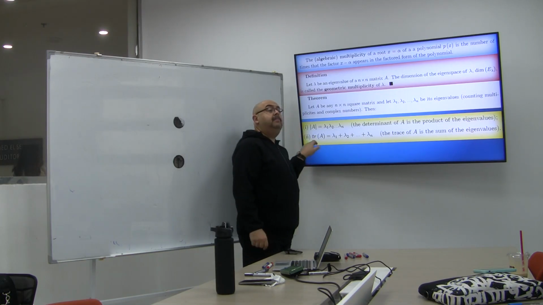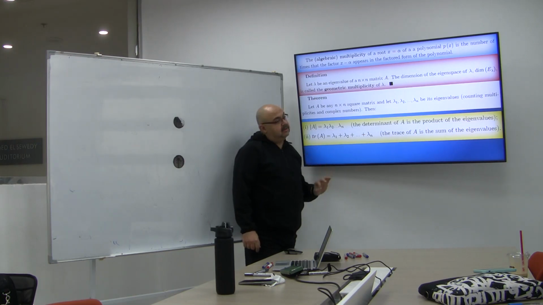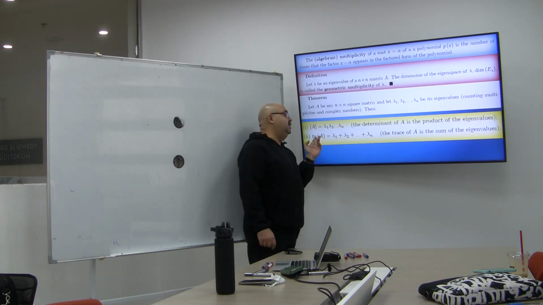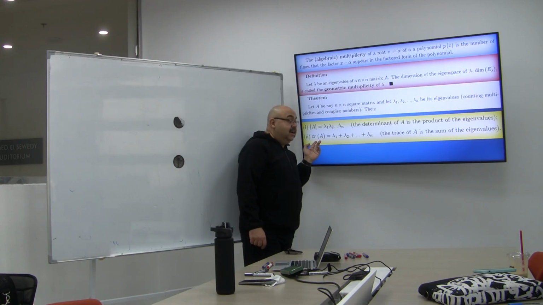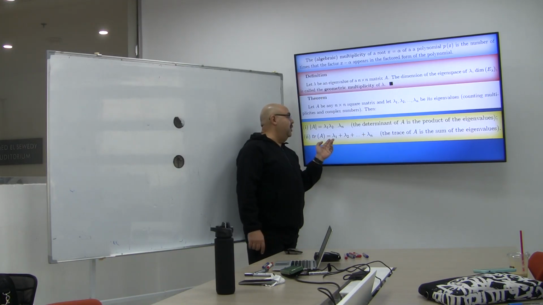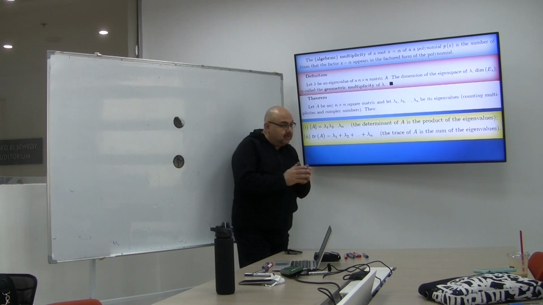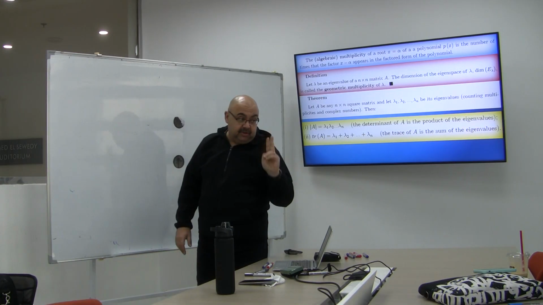Remark number 2: do you remember what the trace is? The sum of the elements on the principal diagonal. This is what's called the trace of a matrix. So the trace of the matrix is also equal to λ1 + λ2 + λ3 if you add them together. So these are two very important remarks.